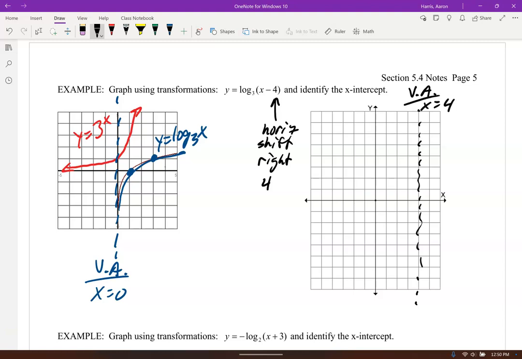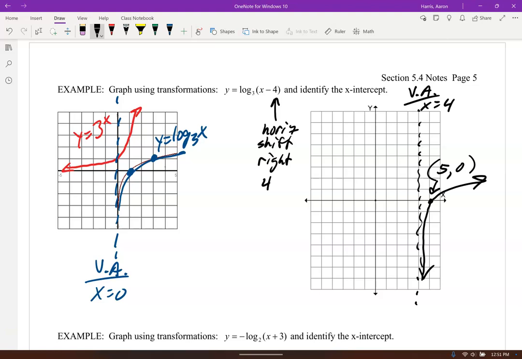Instead of the point 1, 0, I move that point to the right, and I have 5, 0. So I moved it right 4. So what would our x-intercept be? It'd be 5, 0. That would be our new x-intercept, right?